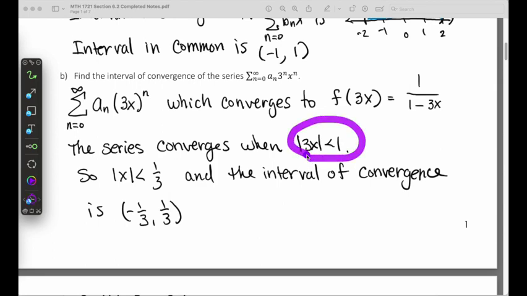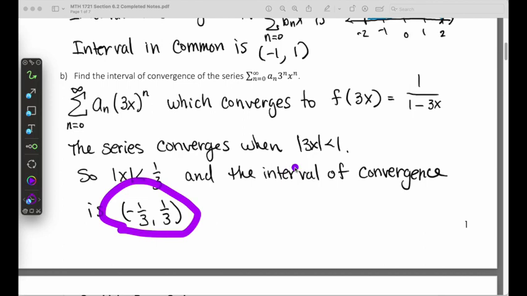Because when we think about the geometric series, remember that common ratio, that r, needs to be less than 1 in order for this to converge. So I'm going to take the absolute value of 3x and set up an inequality that's less than 1. And then when I solve, the interval of convergence would be negative 1/3, comma 1/3. Now that definitely overlaps with the interval negative 1 to 1, and this is what they have in common.